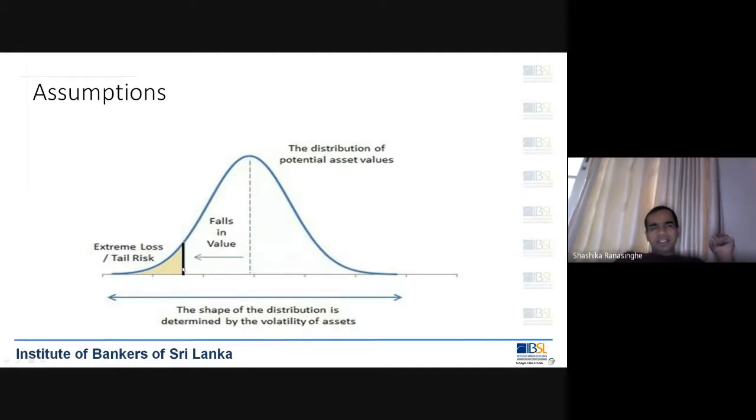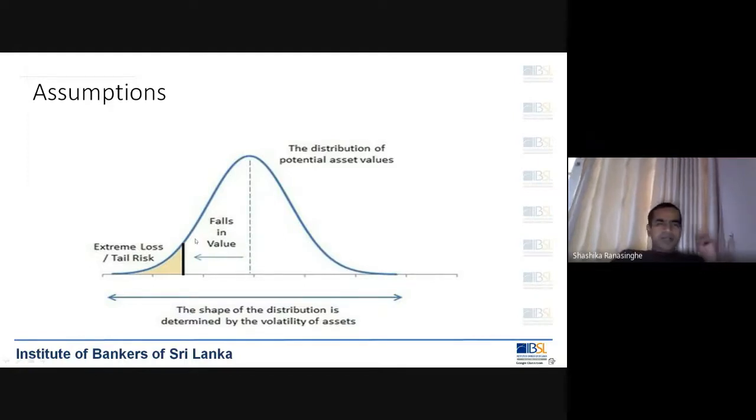What it means is to the left of this line, you have 5% of all outcomes, right? So 5% is here, which means since the entire curve is 100%, here you have 5%, what is remaining is 95%. Right? What remains is 95%.